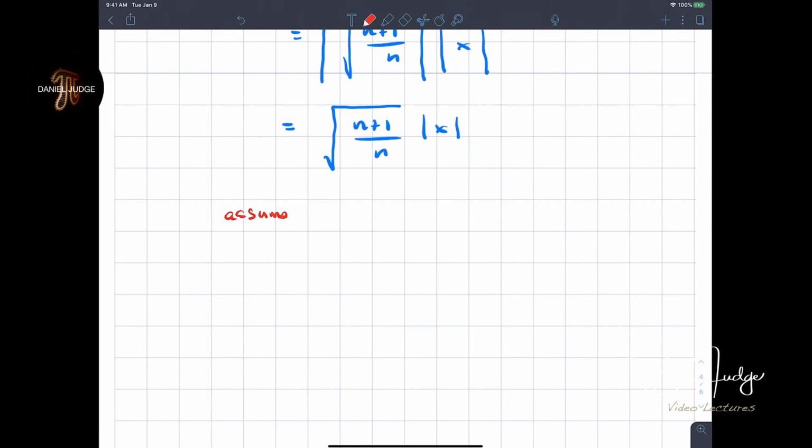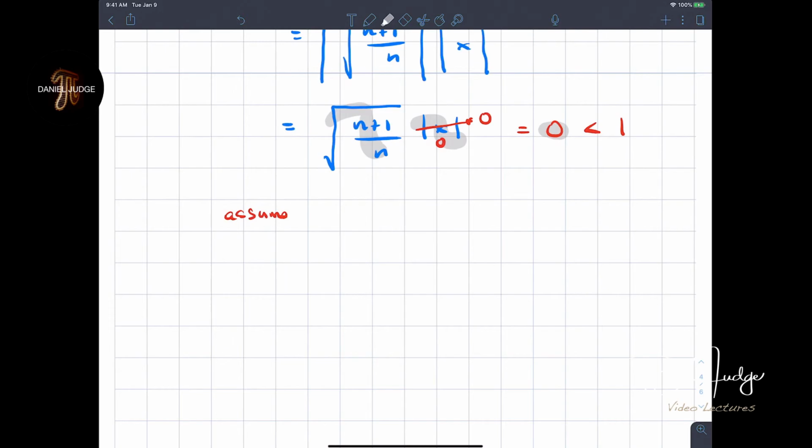If this portion equals 0, then 0 times anything equals 0, and by the ratio test, that 0 is smaller than 1. So what you just showed is that it converges for the x value being 0, because that's the only way you can get the absolute value equal to 0. So when x is 0, the product of these two terms is 0, and that's smaller than 1.